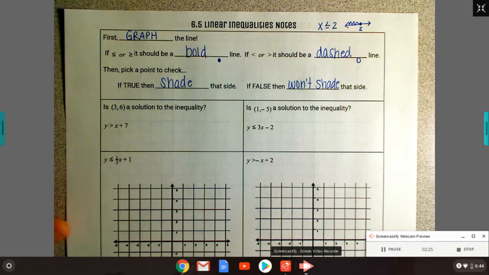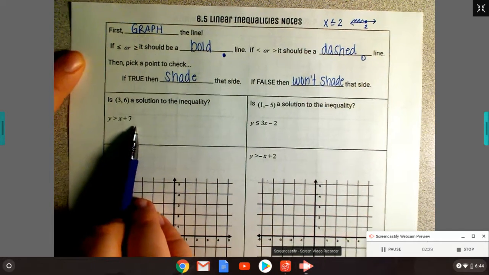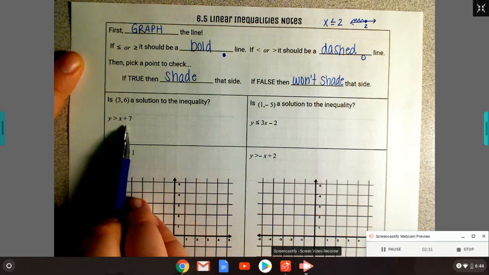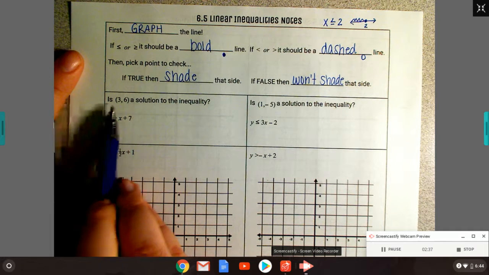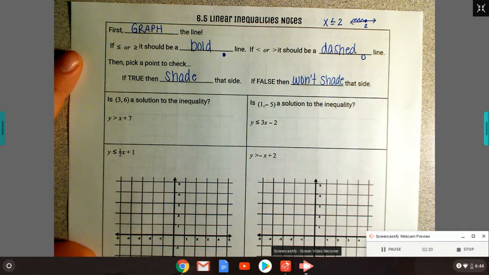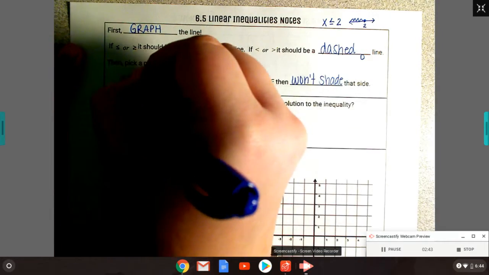Let's first start off with something straightforward. This is the checking part of it. Say we had this line, y is greater than x plus 7. It looks like y equals mx plus b, but not an equal sign. And we're checking to see if (3, 6) is a solution. (3, 6) is a coordinate pair, x comma y.